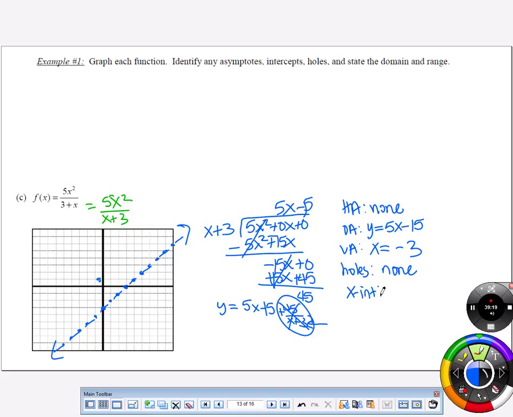So can our numerator be equal to 0? Yes, at what X value? 0. So our X-intercept is 0, 0. And then do we have a Y-intercept? Yes. What is it? 0, 0. Okay. So I'm going to plot my vertical asymptote and my intercept.